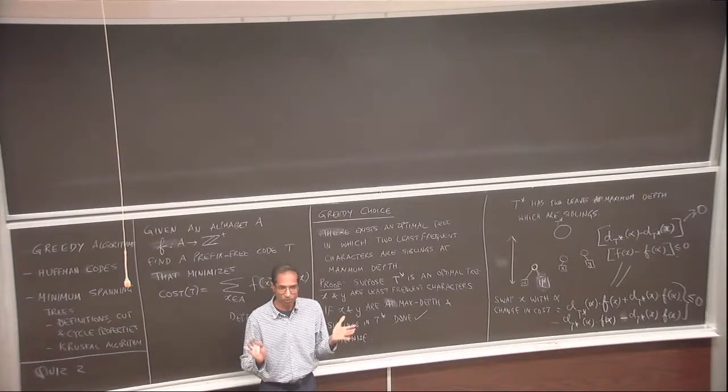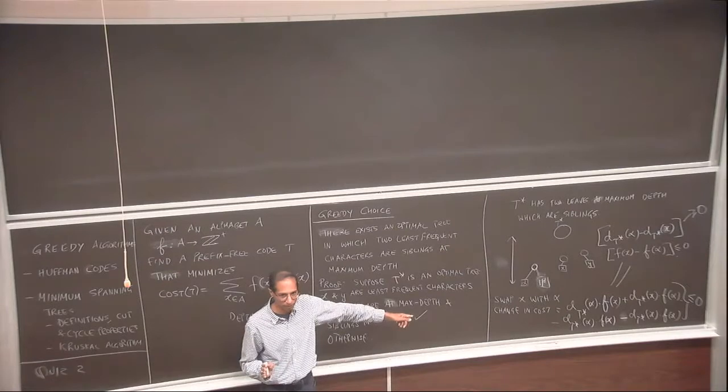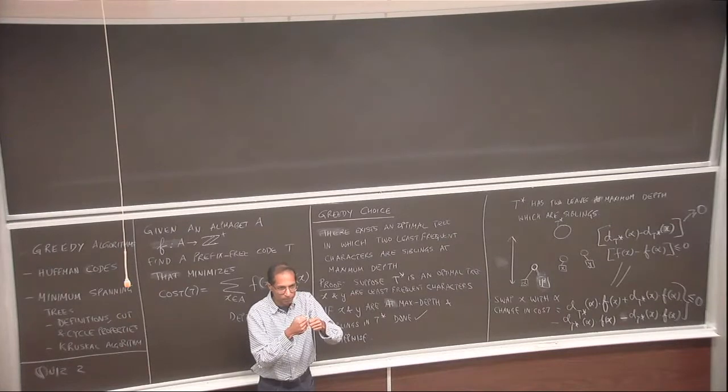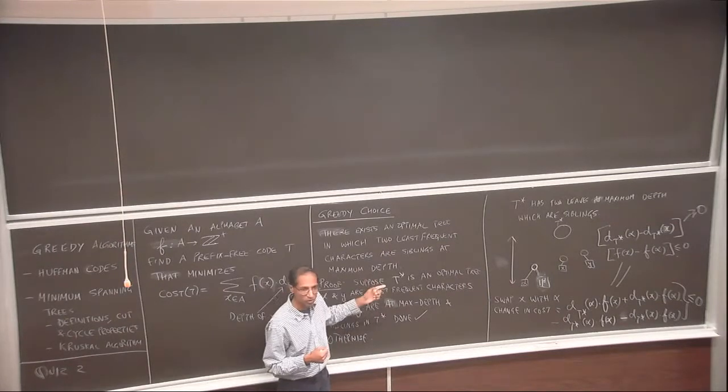That's absolutely true. The same argument can apply. The thing is, we are trying to build a binary tree. If you're building a binary tree, then the way you make progress is you identify two things that you can pack together. So this is what allows you to do it with two.